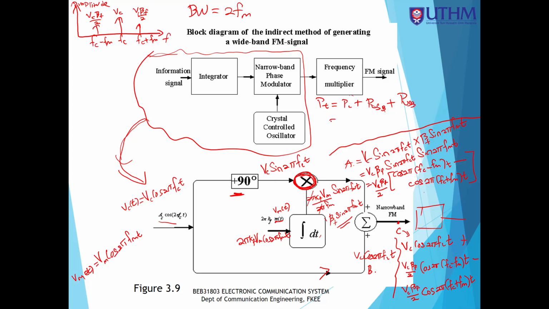So this is Vc square over 2R, plus the LSB, which is Vc beta f over 2, squared, divided by 2R, plus the same for the USB. So we get the total power.